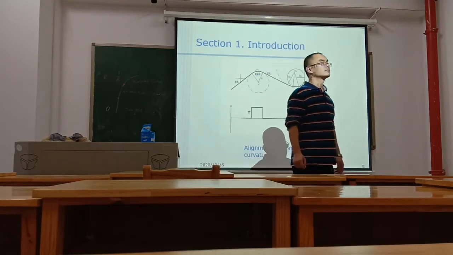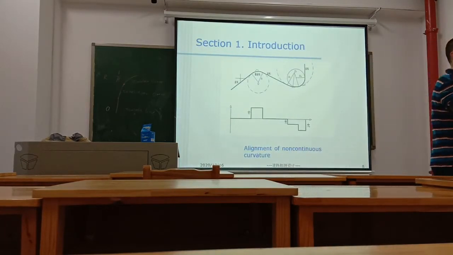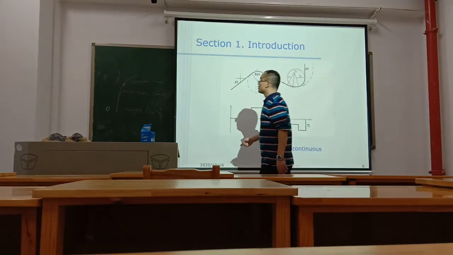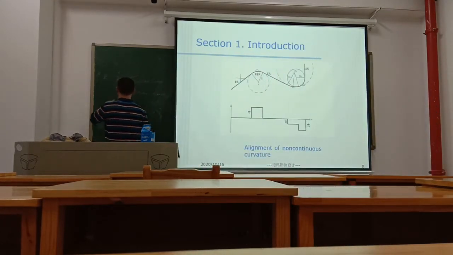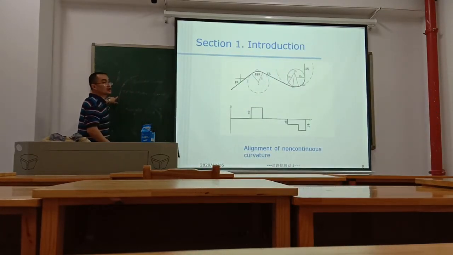The curvature of the transition curve is variable. It changes from 0 to 1 divided by R, the radius.